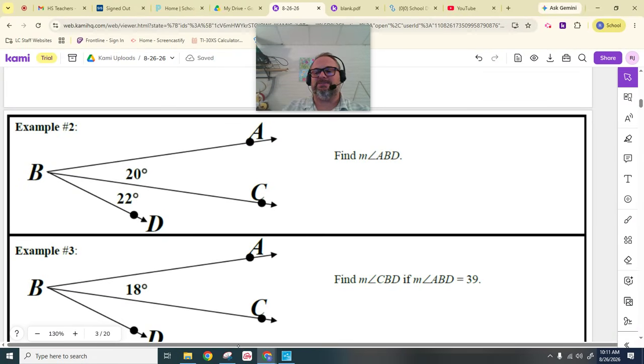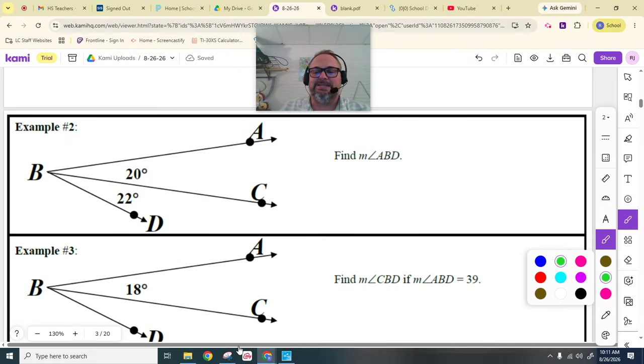All right, so now, as it does with all the math, we always start off with something easy to trick you into it, and then we make it harder. Okay, so we're asked to find the measure of angle ABD. Now, if you have a hard time seeing what these angles are, I would suggest following the points with your pencil.